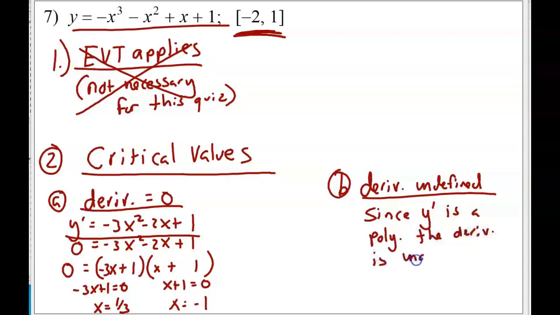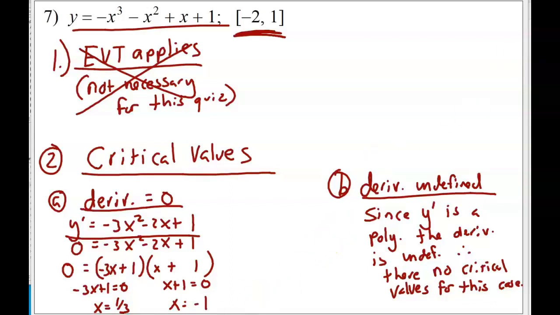And therefore, there are no critical values here from that. So we only have two critical values. They are 1/3 and -1.